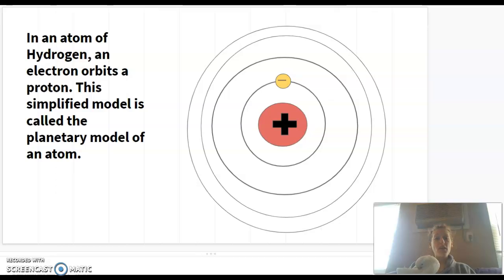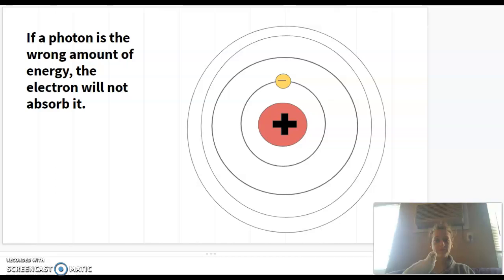So in an atom of hydrogen, an electron orbits a proton. This simplified model is called the planetary model of an atom. So I've got my nucleus with my proton and neutrons probably, and then a single electron that's orbiting around that proton. If a photon is the wrong amount of energy, the electron will not absorb it. All the time, our atoms are being bombarded by energy.